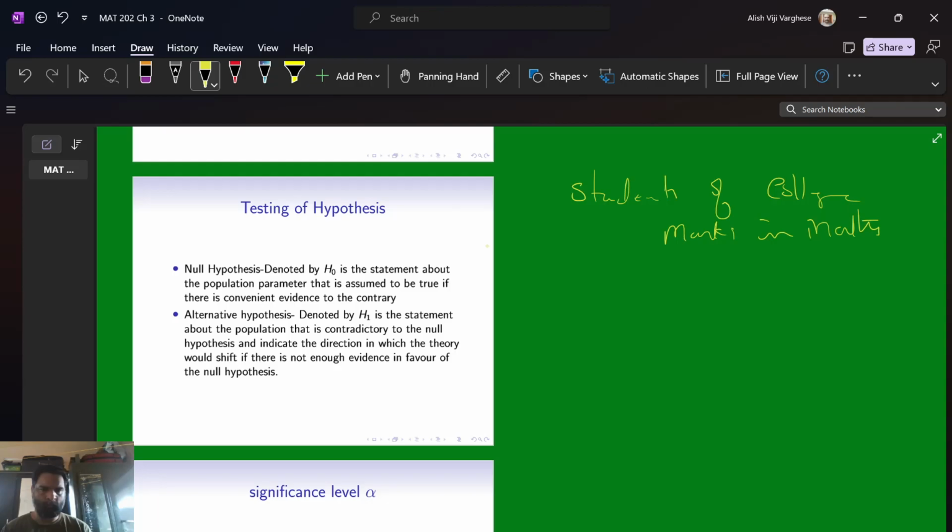Now, I make a statement about the population, or about a parameter of the population, say something like the average or the mean mark of the population is 60 out of 100. So that's a statement about the population parameter mean.